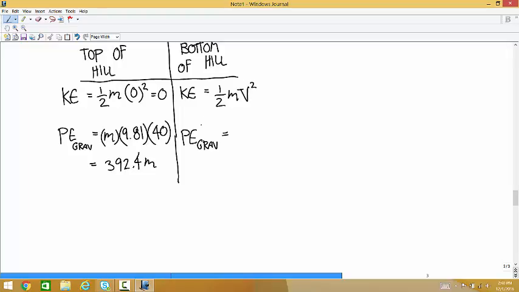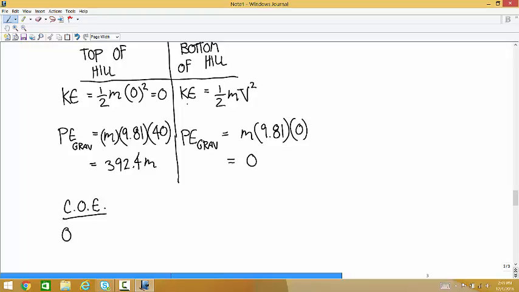And the gravitational potential energy is mass times 9.81 times 0, because that's what we chose as our 0 height, the bottom of the hill. And so gravitational potential energy is equal to 0 at the bottom of the hill. And now conservation of energy says add up all this stuff at the top of the hill.